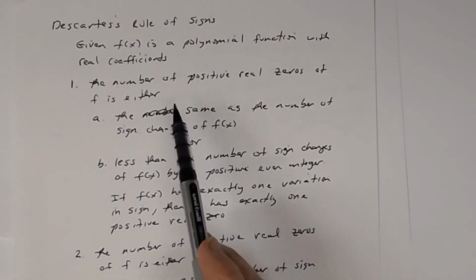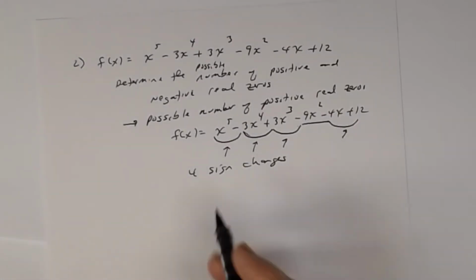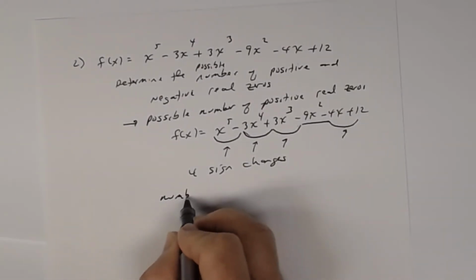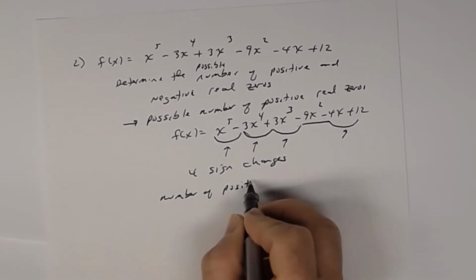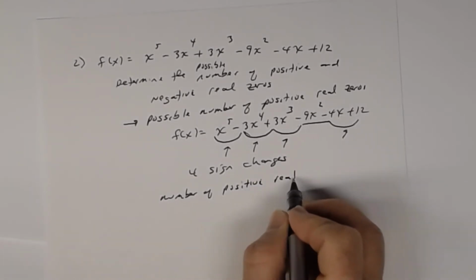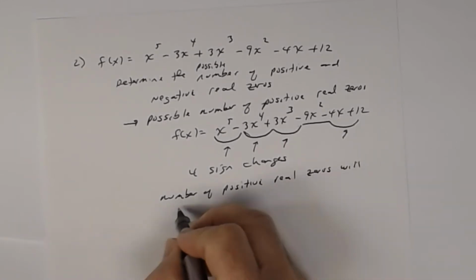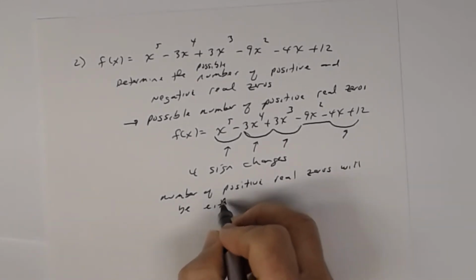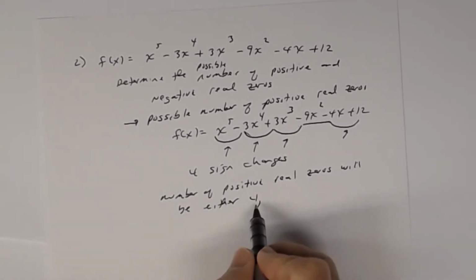Well, that means that the number of positive real zeros will be either 4. So you may have 4.